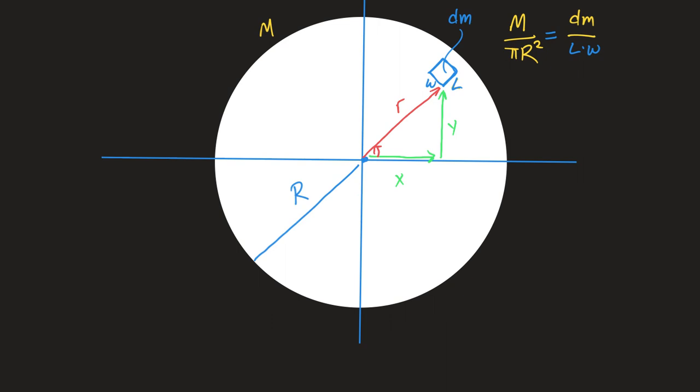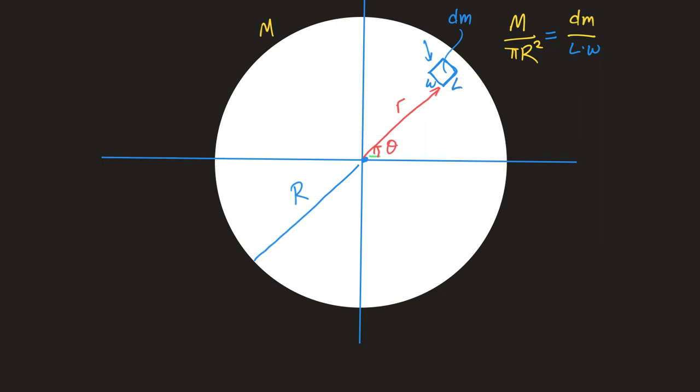Now, if you remember what we did yesterday, we then had to describe the size of this piece using our measurements. Yesterday it was just x. Today we have to describe the size of that piece using r and theta.